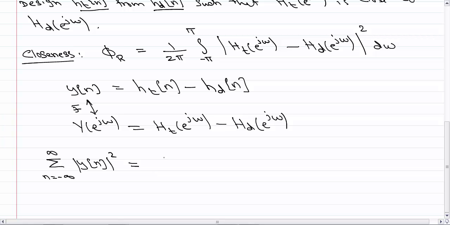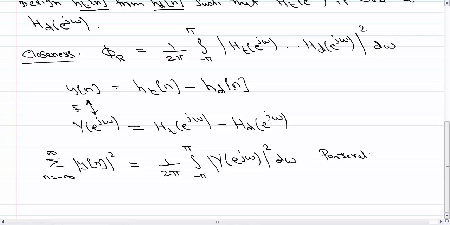So that is equal to 1 over 2π, integral from minus π to π, of the absolute value of Y(e^{jω}) squared dω. Right? Parseval's theorem in the properties that we studied for the discrete time Fourier transform.